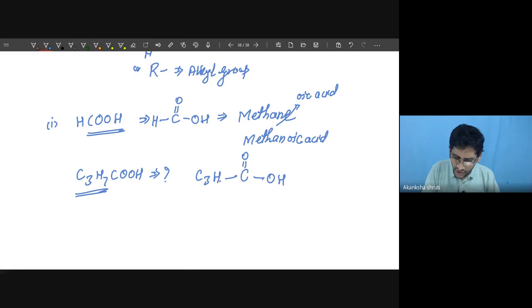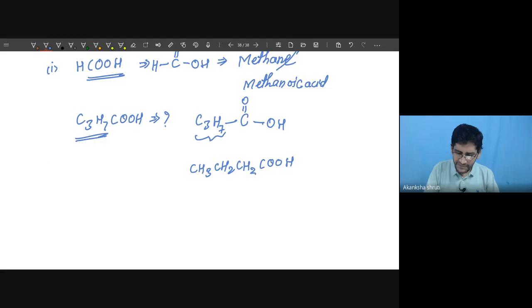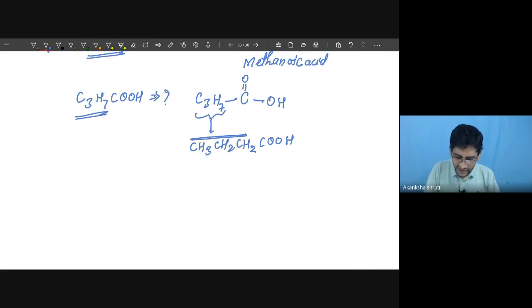Even if you want to write this carbon chain in extended form, you can write this as CH3, CH2, CH2, COOH. It means the same thing. Okay, because this much part is written in this compact fashion. Structural formula wise, for that we need to satisfy the valency.